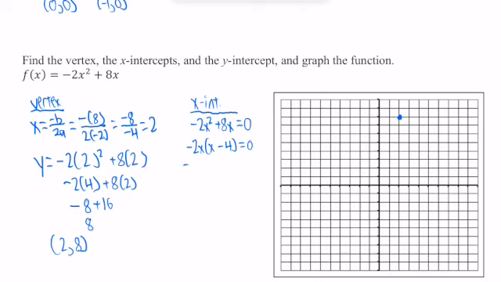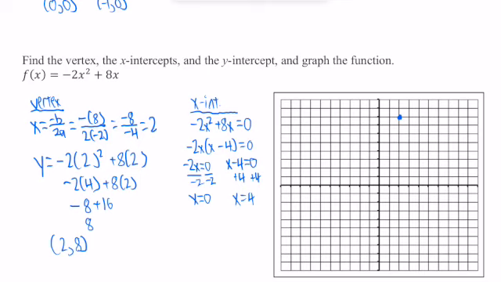Now we set each of these equal to 0. Negative 2x equals 0, and x minus 4 equals 0. The first one, we divide both sides by negative 2, leaving us with x equals 0. The next one, we add 4 to both sides, leaving us with x equals 4.